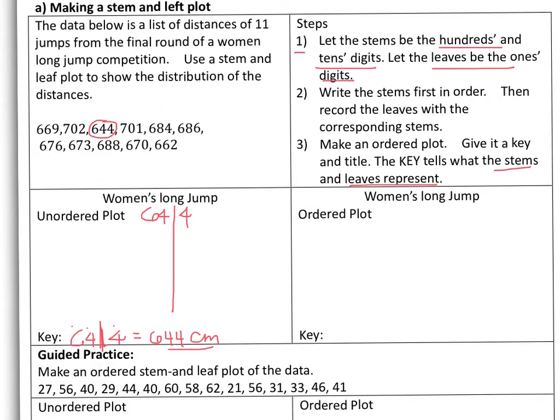And I'm going to look for the biggest number now, which is 702. So I know my biggest stem will be 70, so in between I would just write 64, 65, 66, 67, 68, 69.